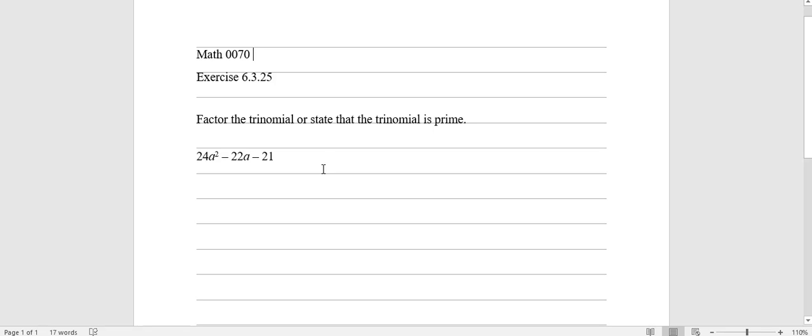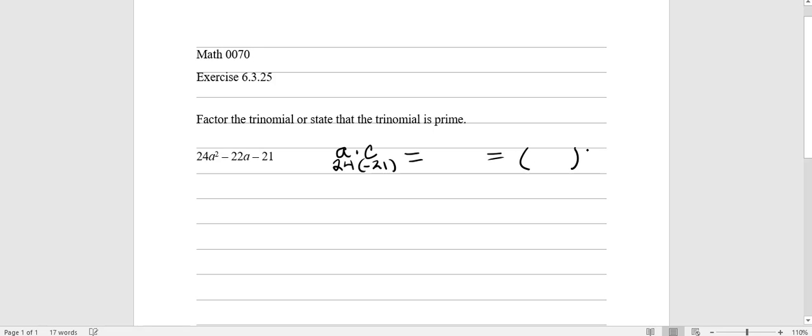All right, so in order to do that, I have to look at the product AC. A times C is 24 times negative 21, and I need to find out what that product is.